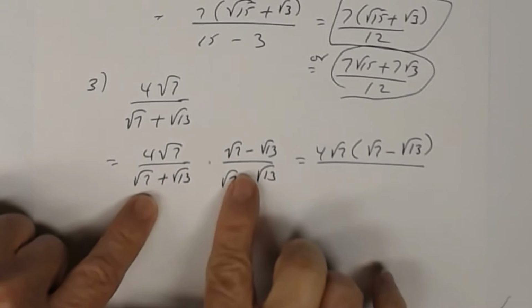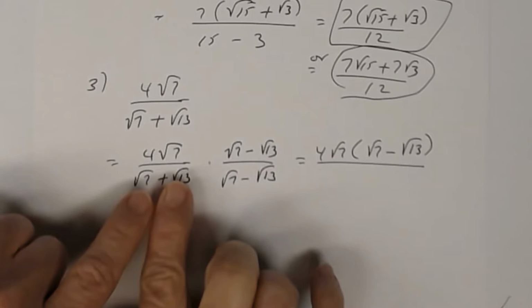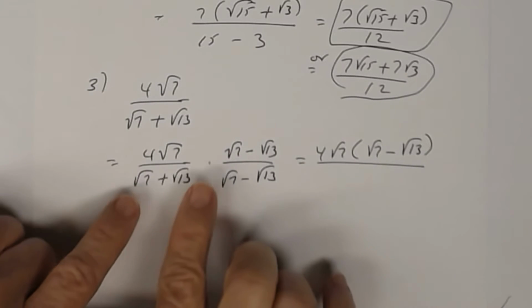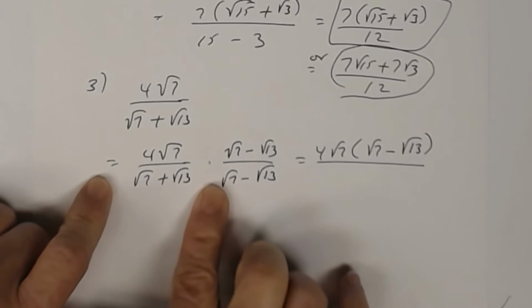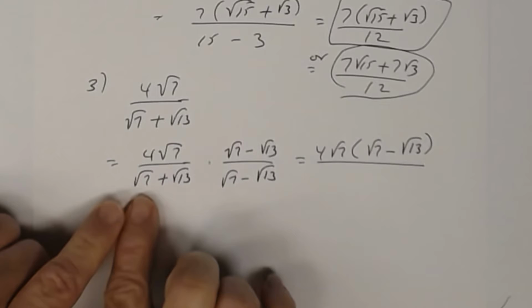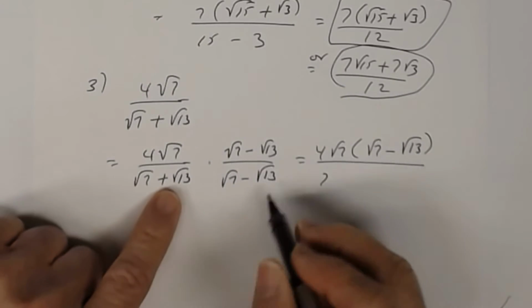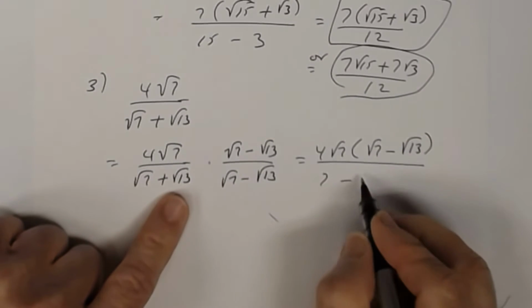All right. Now the denominator, those are conjugates. They both have two terms, so you can use the idea of FOIL. But remember, since they're conjugates, the outer and the inner are opposites, so it's going to be 0. So all you need to do is look at the first: square root of 7 times square root of 7 is 7, and then a positive times a negative is a negative, and the square root of 13 times the square root of 13 is 13.